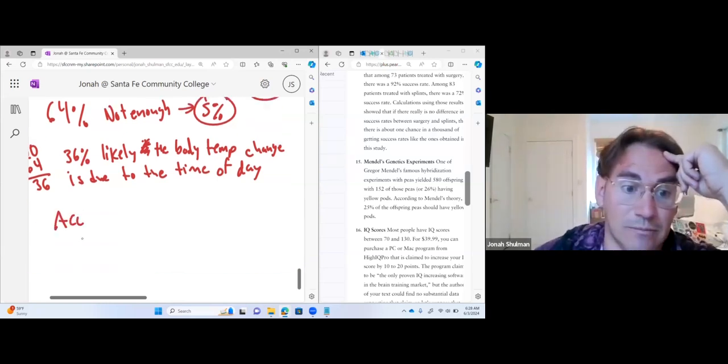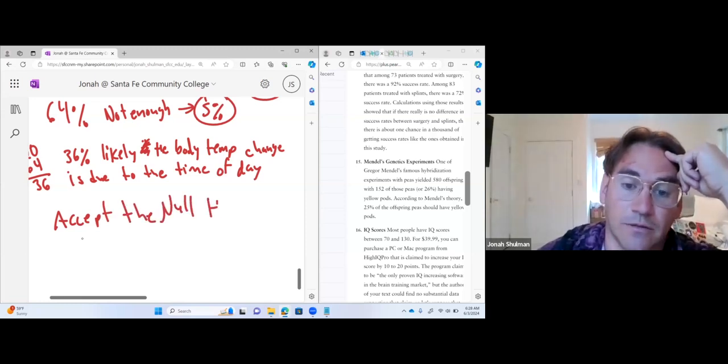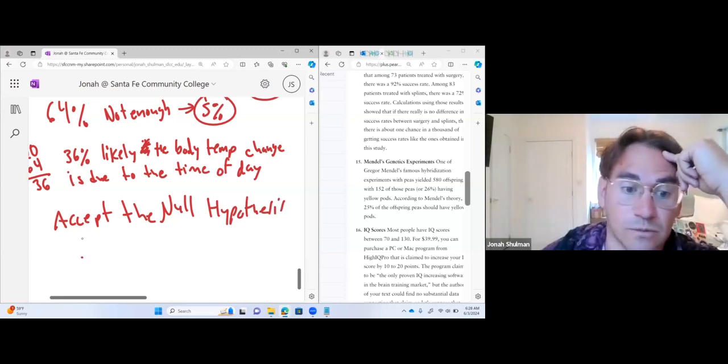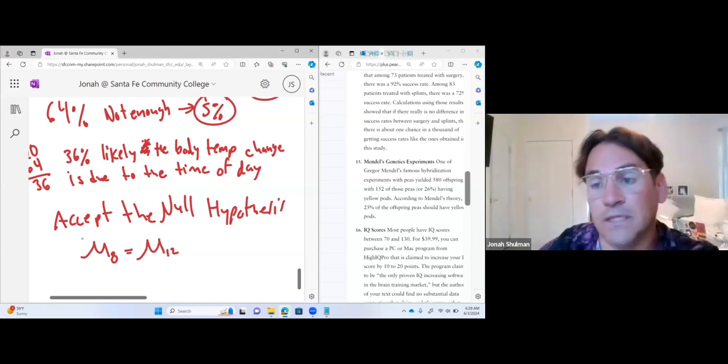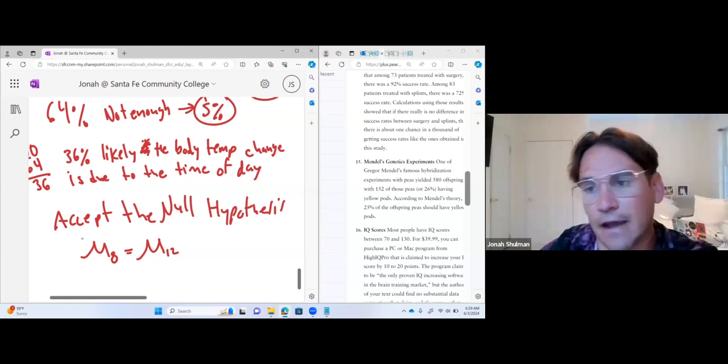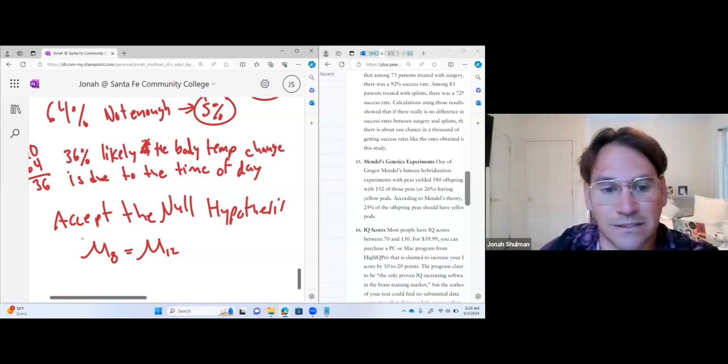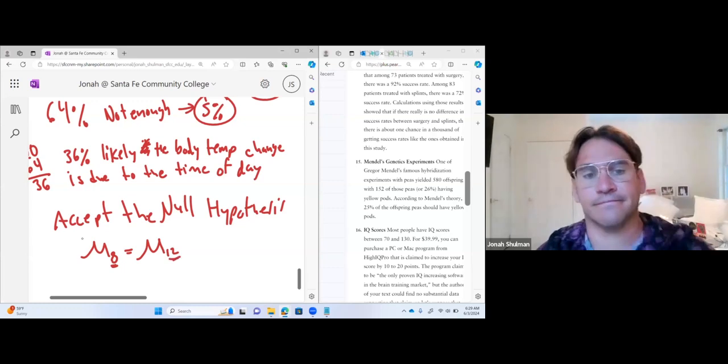We would accept the null hypothesis, which means what? Accepting the null means there is no difference between mean 1, which is our 8 a.m. mean, and mean 2, which is our 12 a.m. The means are too similar. The averages are too similar. So we can't say that they're different just based on the time of day.